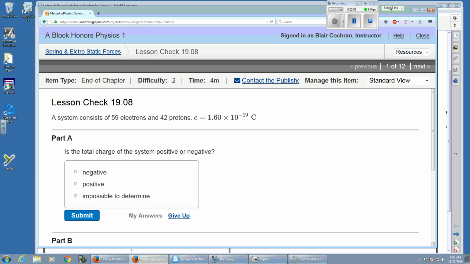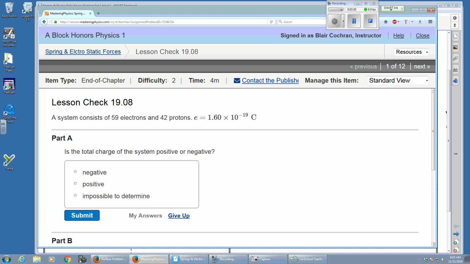So when I'm looking at the total, I really just need to look at the net, or the excess charge that's on it. I don't need to look at how much charge 59 electrons bring and how much 42 protons bring. I just need to look at how much 17 electrons bring, because that's the excess or the unbalanced part of it.